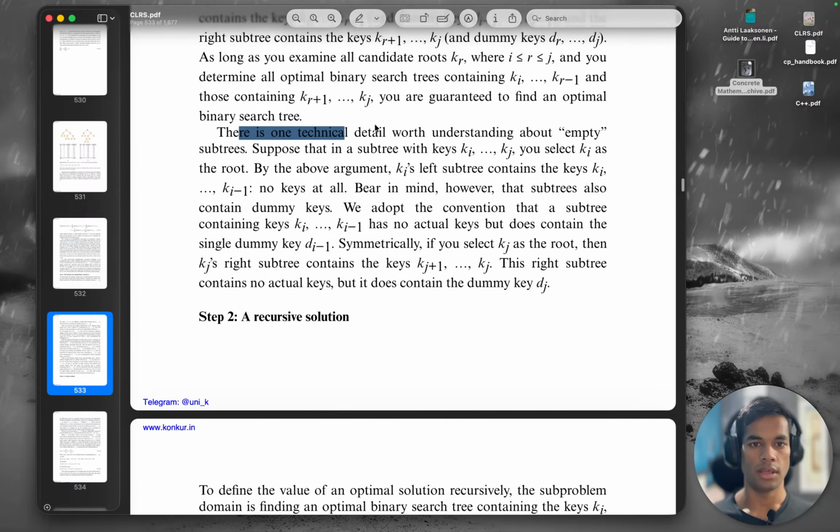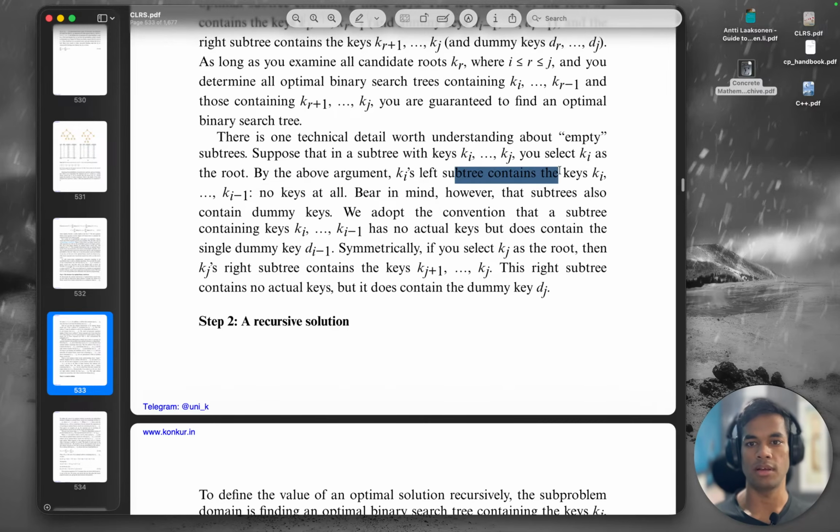Yes, there is one technical detail worth noting about empty subtrees. Suppose that in a subtree with keys, you select ki as the root. By the above argument, ki's left subtree contains the keys ki till ki minus 1, no keys at all. Bear in mind, however, that subtrees also contain dummy keys.